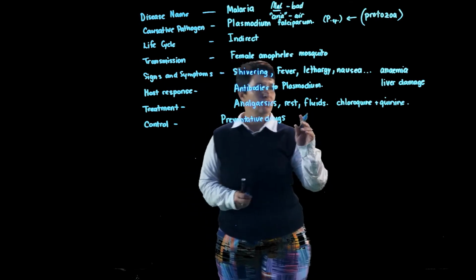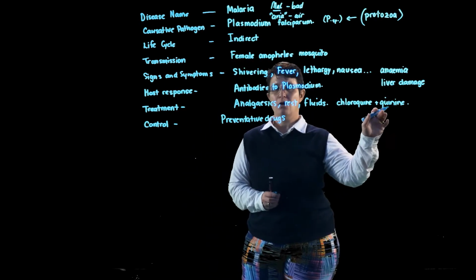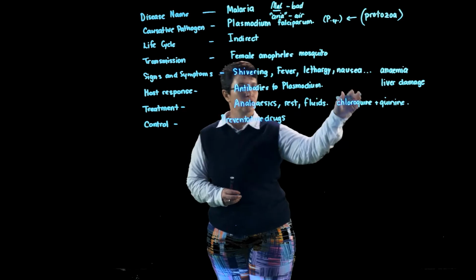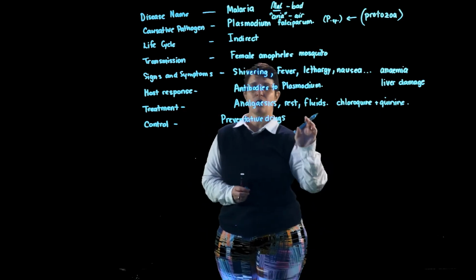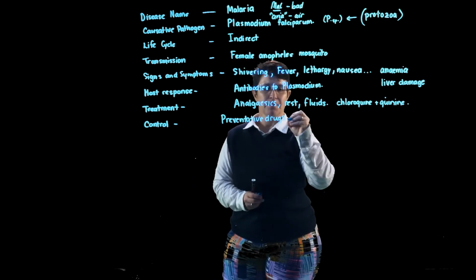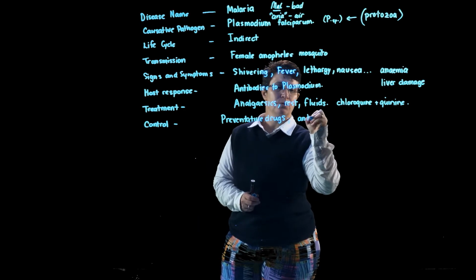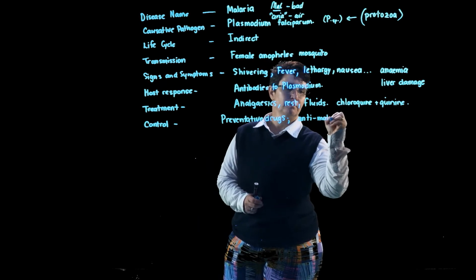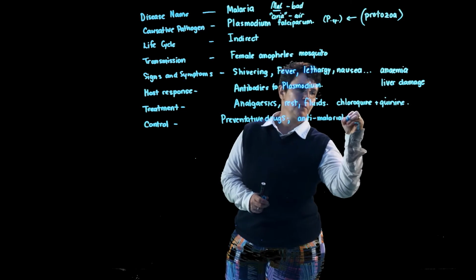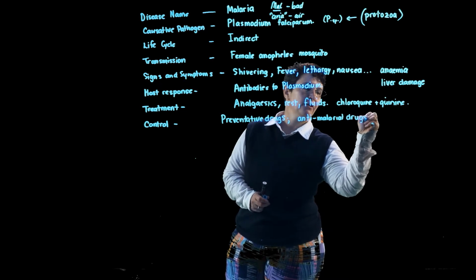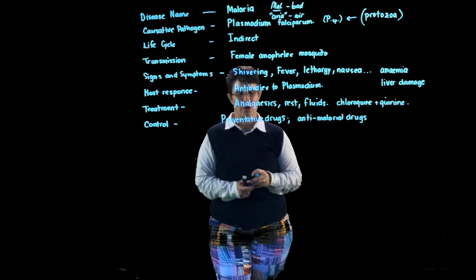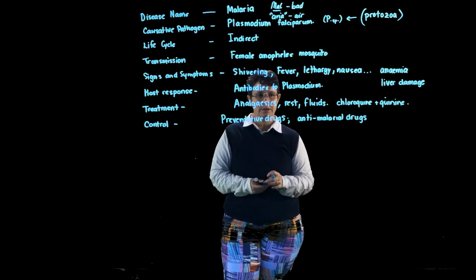So these preventative drugs include chloroquine and quinine because they're hostile to the protozoa. So you can use them as treatment as well as control in this particular case. So people will also take things called anti-malarials prior to visiting an area where the female Anopheles mosquito is prevalent.